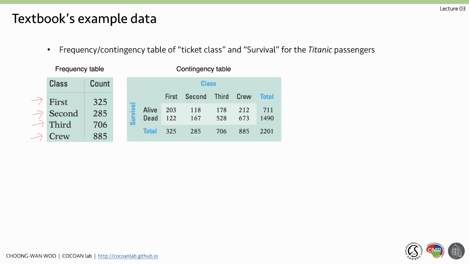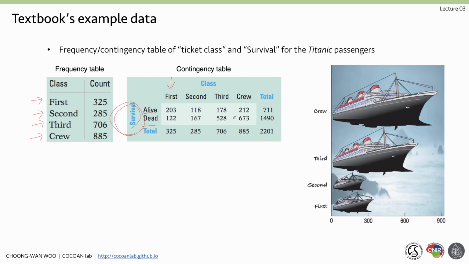And this is the contingency table. This table has one more piece of information about survival, alive versus dead. And you can see that in first class there are more alive people than dead people, and so on.